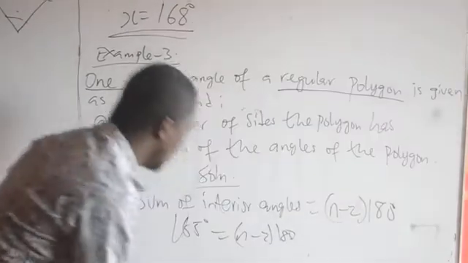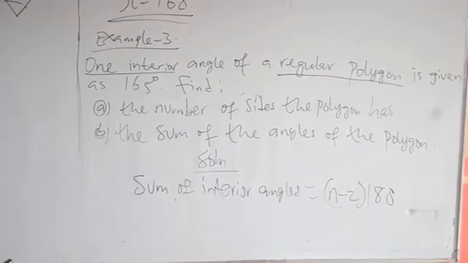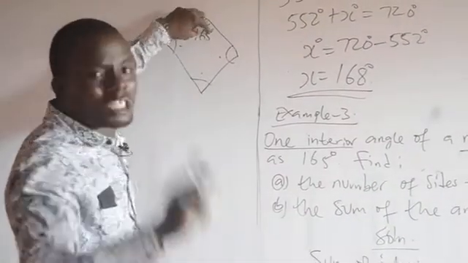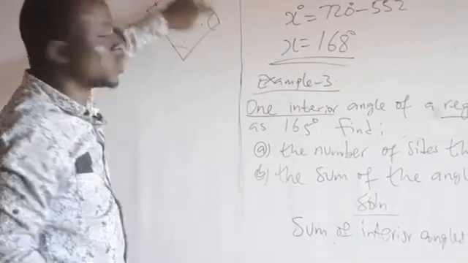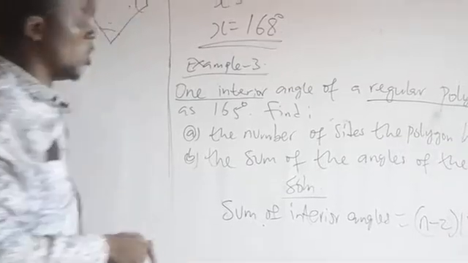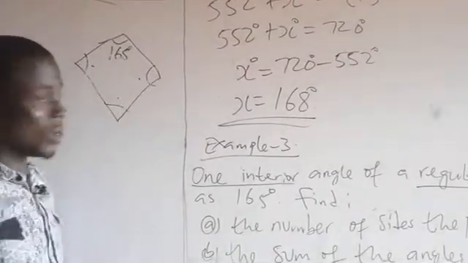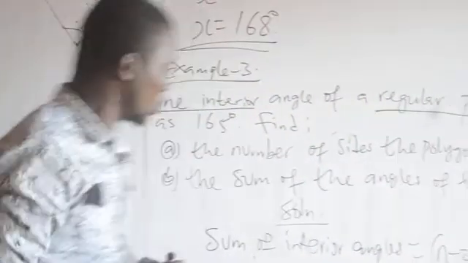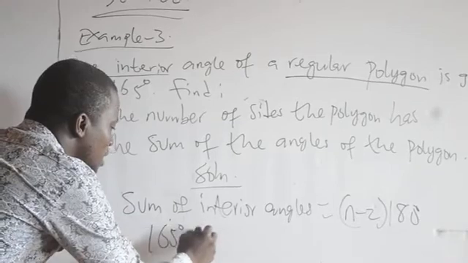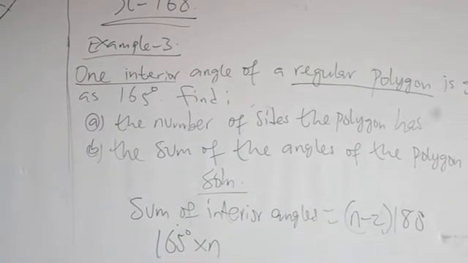So what do we do now? As a sensible mathematician, since we don't know the size of the remaining angles, just better say 165 multiplied by the number of the unknown angles. We now use n to represent the number of the interior angles, because all the angles are equal. That's why it's called a regular polygon. So you say 165 degrees times the other angles given to us, which they don't mention. Are you getting me, students?